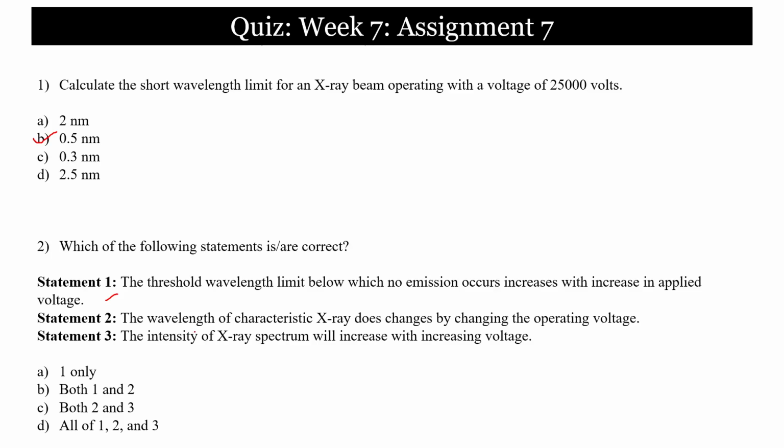And the second statement says that the wavelength of characteristic X-ray does not change by operating voltage. This statement is also correct. The intensity will change by changing the operating voltage, not the wavelength. The third says the intensity of X-ray spectrum will increase with increasing voltage.